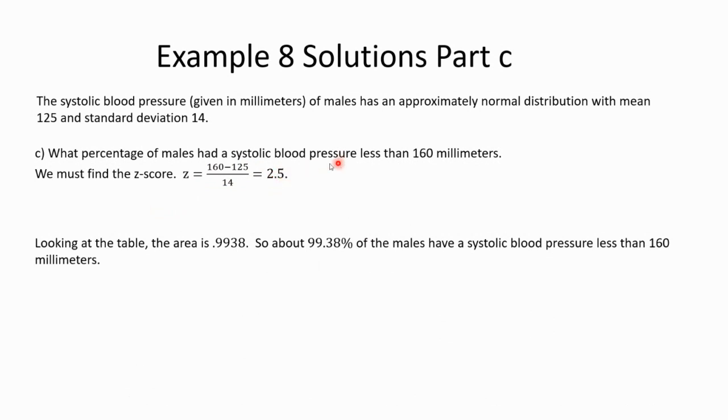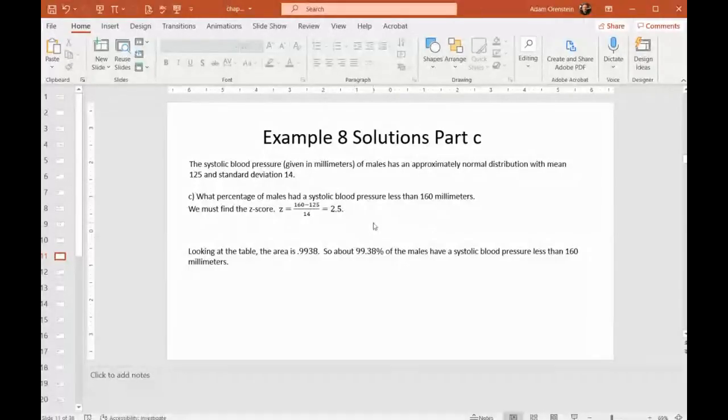Now again, we're looking for the data values less than, meaning we want the area to the left of this z-score. So how do we get that? Well, we can go to the table. In fact, let me do that.